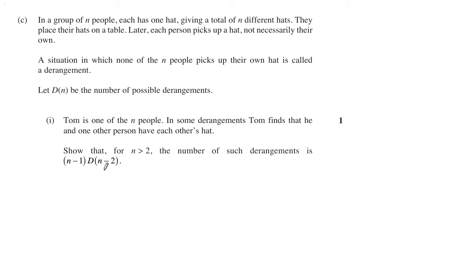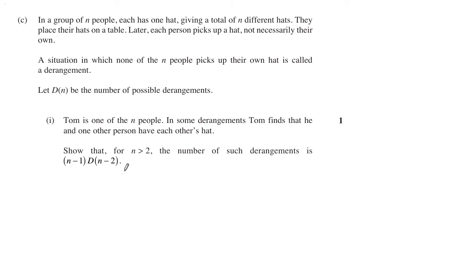Well, there are n-2 people left after Tom and the person that he swaps the hat with have been taken out. And the n-1 would be the number of people that Tom could potentially swap a hat with. So you've got n-1 choices for the other person to swap the hat with, and then once you've done that, you've got d of n-2.